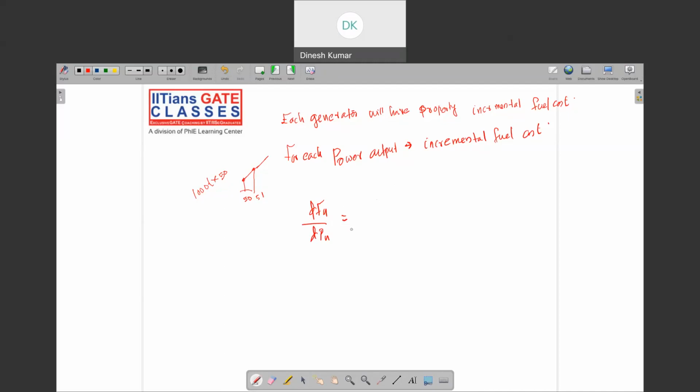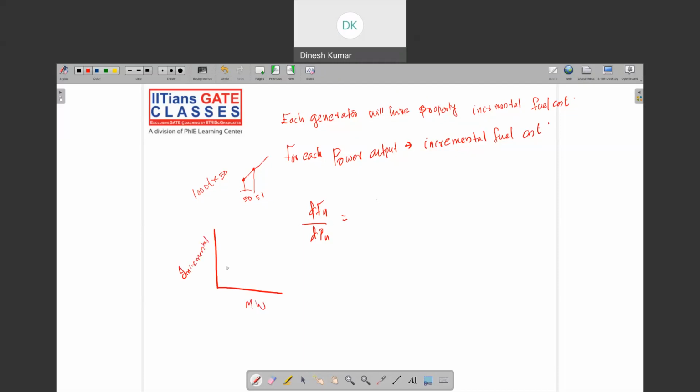Okay, so if I consider this like this, this will be the incremental fuel cost, and this is the power output.